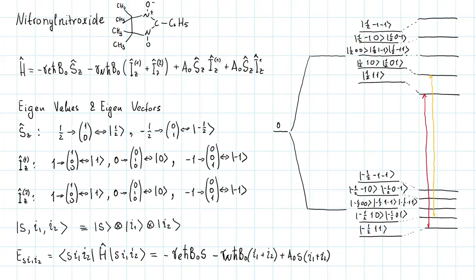The central transition with I1 plus I2 equal to 0 is drawn in green. The fourth line, with I1 plus I2 equal to minus 1, is drawn in blue. And the last line, corresponding to I1 plus I2 equal to minus 2, is drawn in violet.